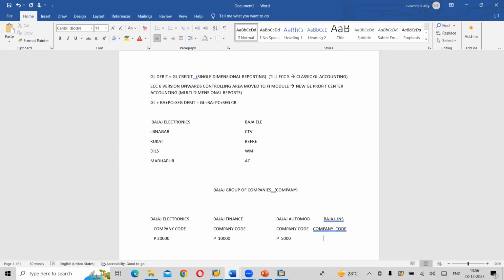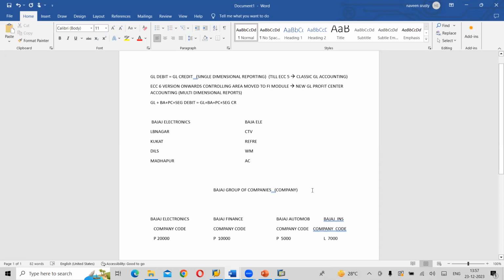And Bajaj Insurance is running in a loss of 7,000. Understood? Company code Bajaj Electronics is running in profit of 20,000, Bajaj Finance 10,000, Bajaj Automobiles 5,000 profit, but Bajaj Insurance is running in loss.